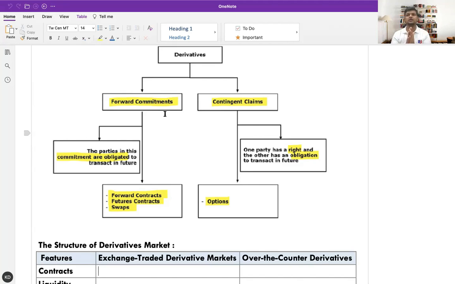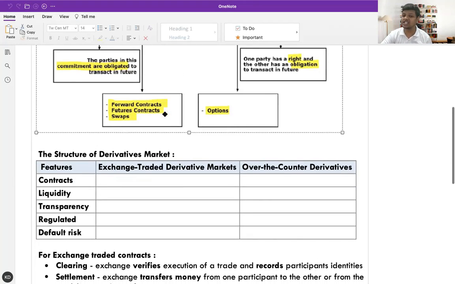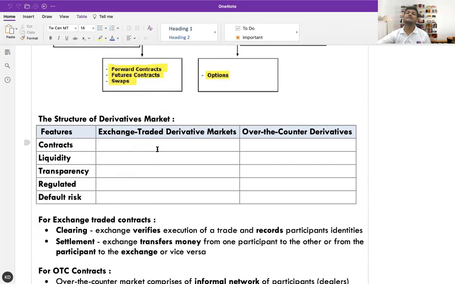Exchange or OTC. Now, which one is traded on exchange and which one on OTC? I'll come to that point. Hold on to that point. But what are the features of being traded on an exchange or OTC? First of all, in an exchange, who decides how the contracts will be?